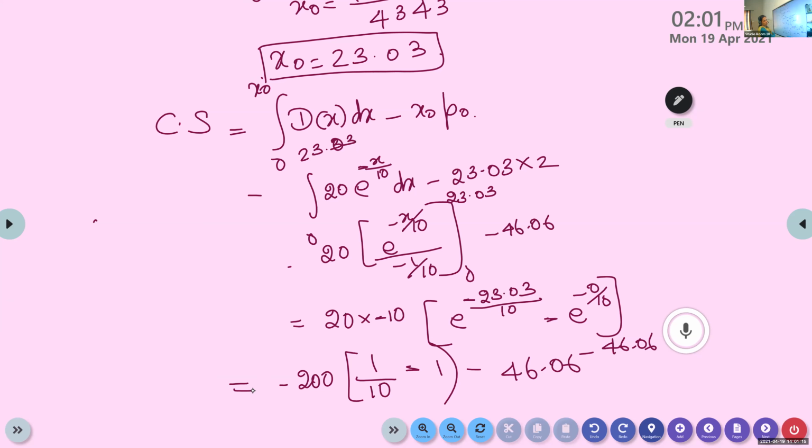This problem is actually based on exponential functions. What is the final answer, Aishwarya? 133.94.